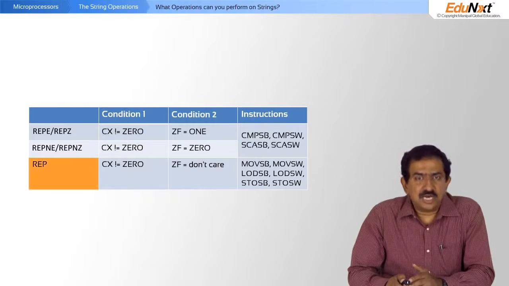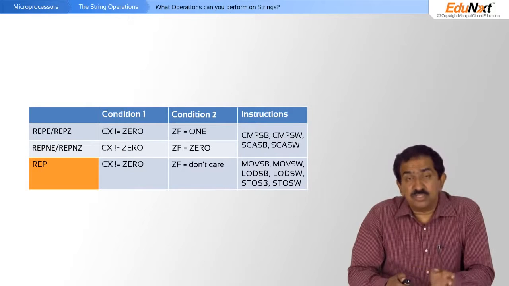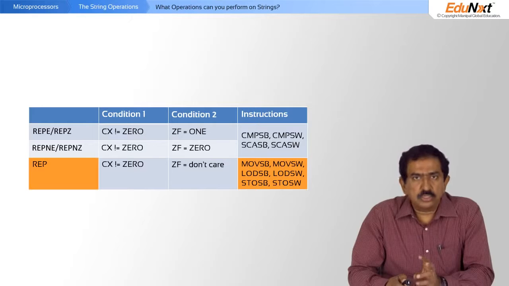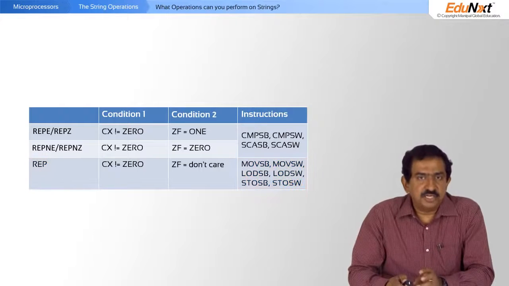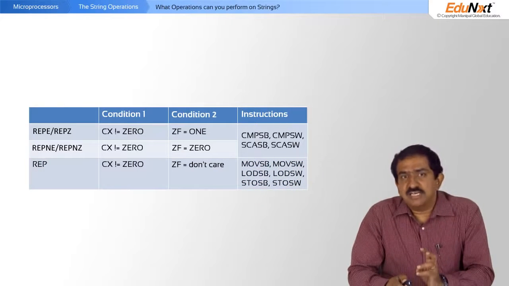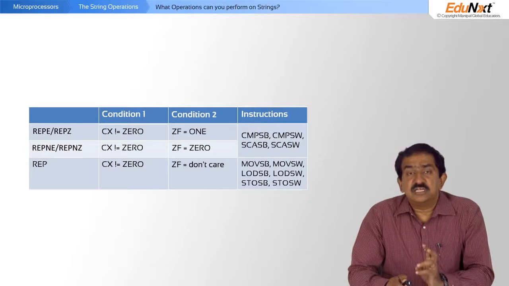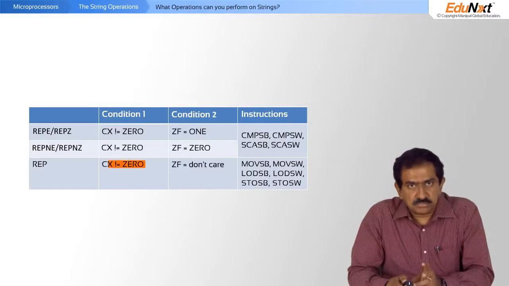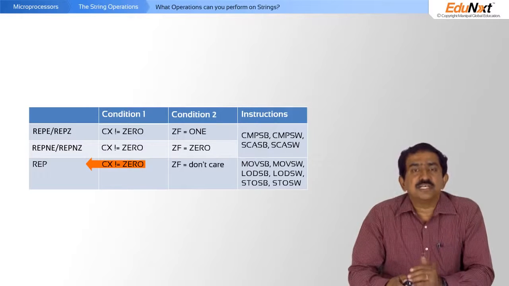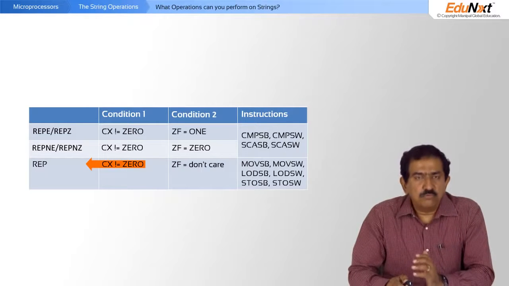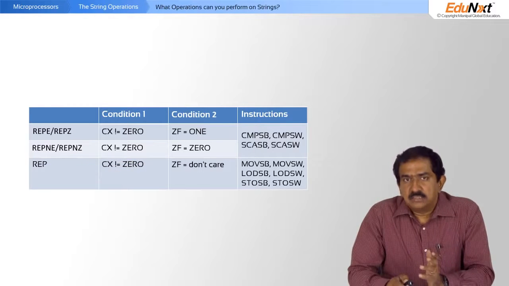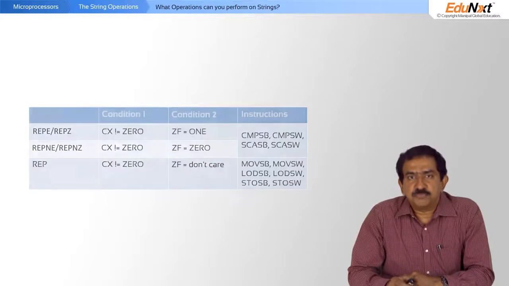The other one is REP, in which the REP instruction is used along with move, load or store instructions. Here the REP instruction repeats as long as CX is a positive number. The moment CX becomes zero, it stops executing the move, LODS or STOS instructions.